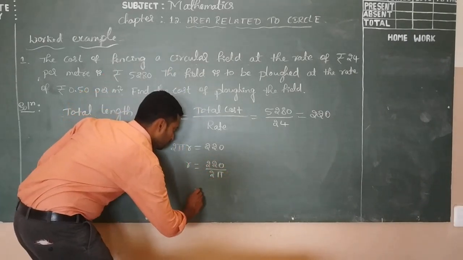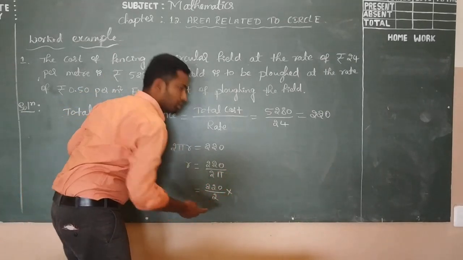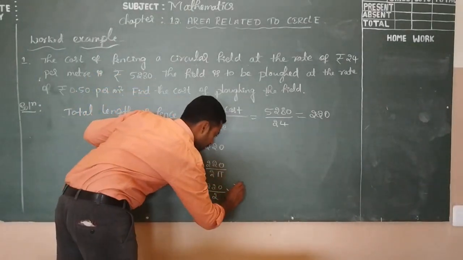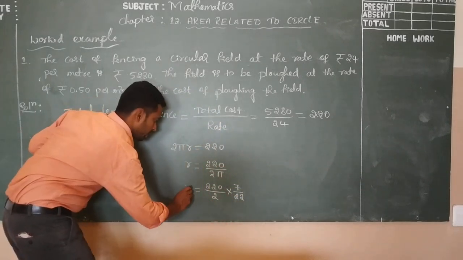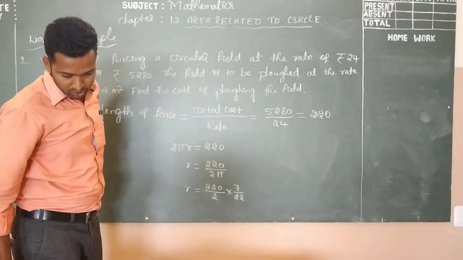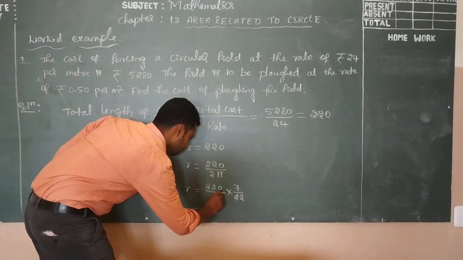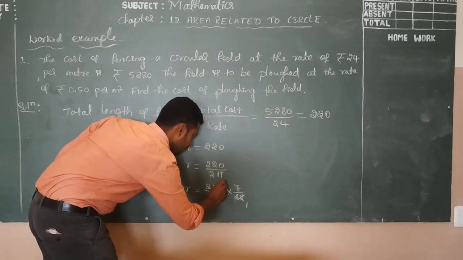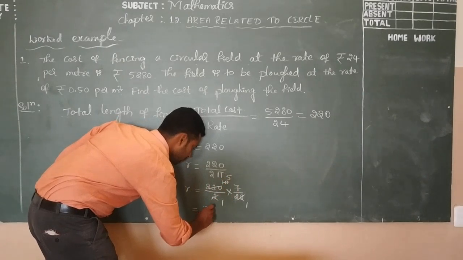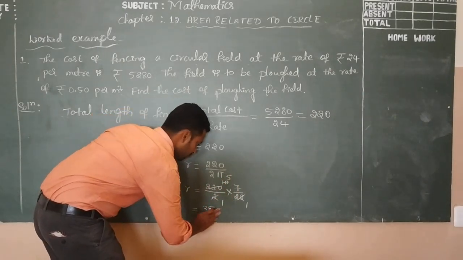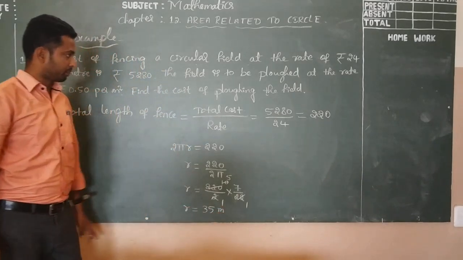Here pi is 22 by 7, so you take the reciprocal, 7 by 22. Finally we get the radius: 22 ones are 22, tens are 2, ones are 2, fives are 7, fives are 35. So the radius is 35 meters.